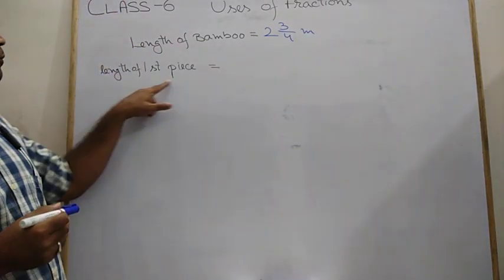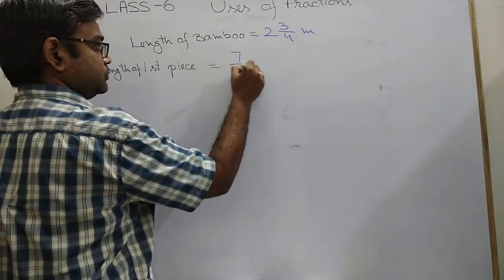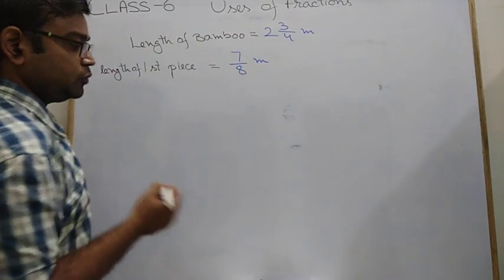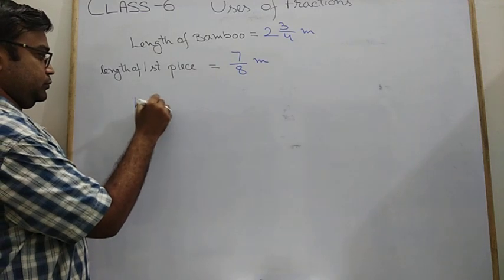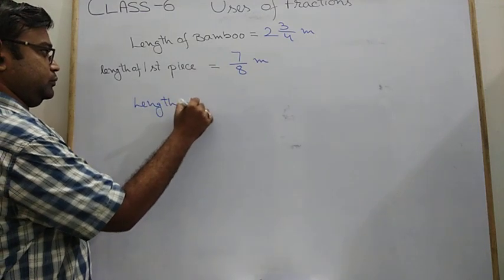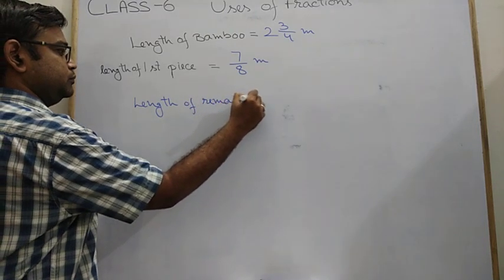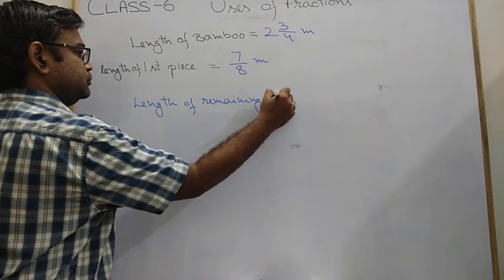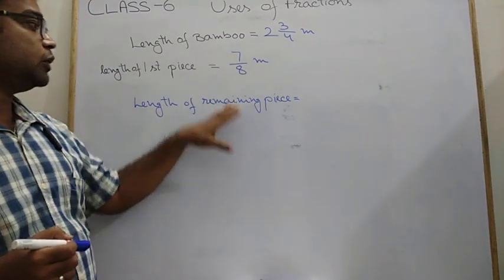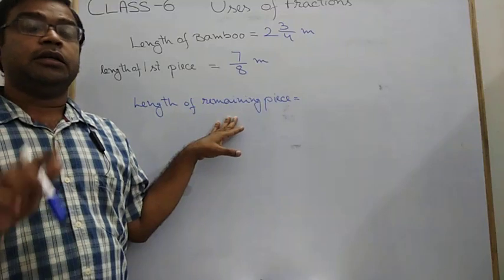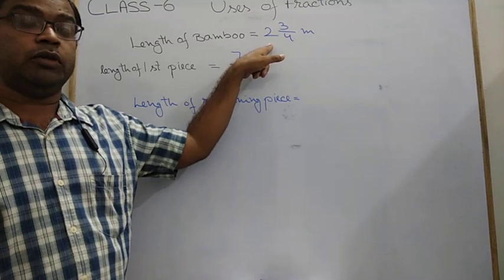And the length of the first piece is given, that is 7/8 meter. The question asks you the length of the remaining piece. Always remember that what is given to you and what the question asks decides what you have to do. In this case, the total length is given, so there is no need to add anything.